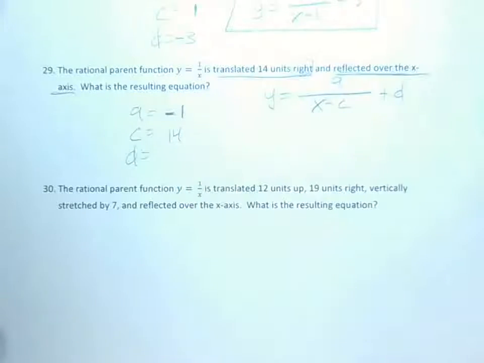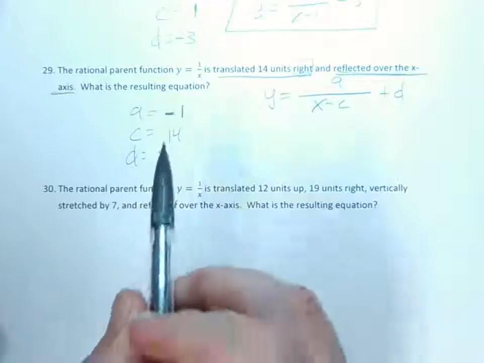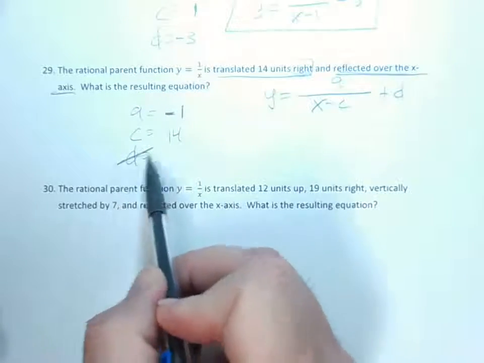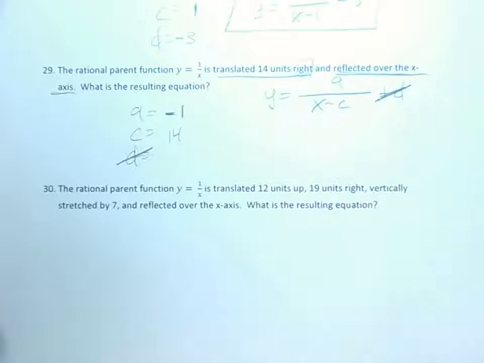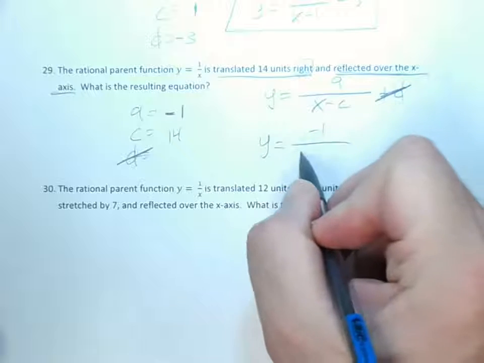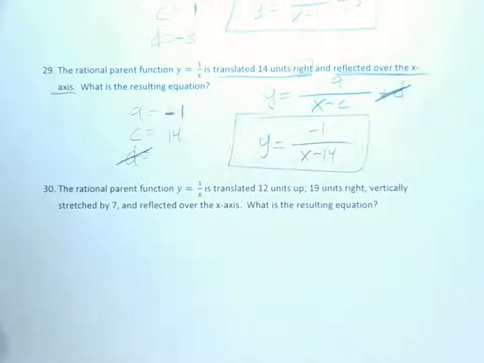That's our default value. And then it doesn't give us any kind of translation up or down, so there was no D value, which means we're not going to use D at all. So when I write this, it's just going to be negative 1 over x minus 14, like that.